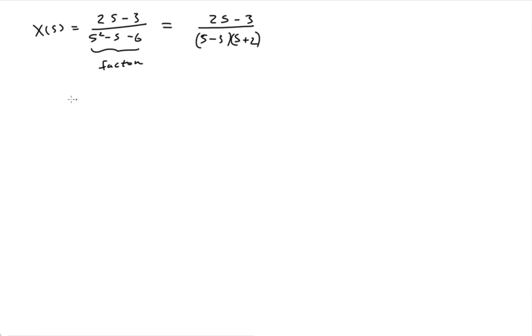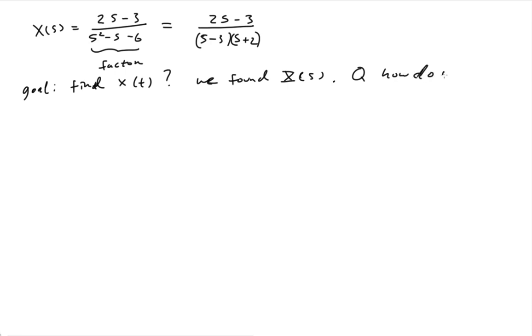The question then is, all right, so the whole point, right, was the goal is to find x of t, right? We found X of s. The question then is, how do we get back?